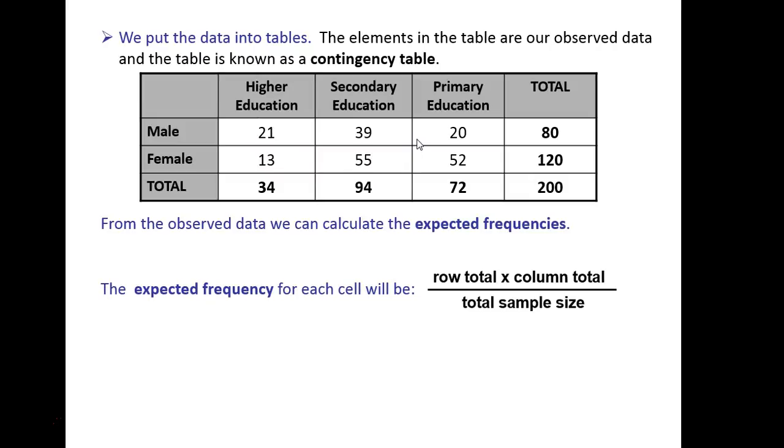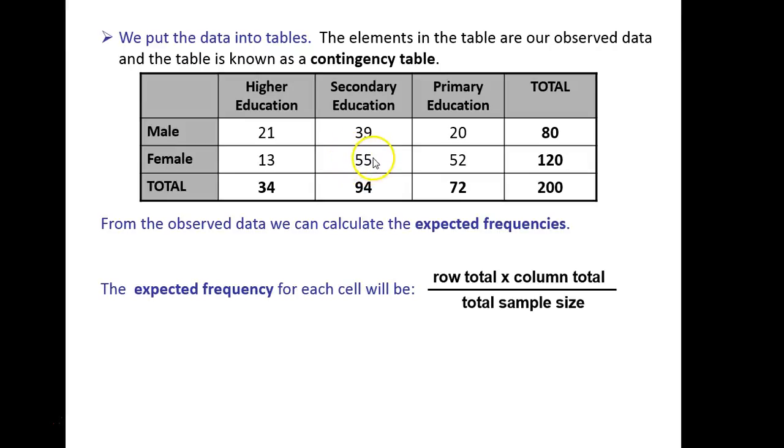Obviously, it would be tedious to do all 6, so you're never going to have to do all 6 by hand, but there will be a test question that's going to ask you to show how to do one specifically with a formula. Let me show you one more. So again, let's just say you wanted the expected frequency, or the probability, same thing, of a female in secondary education.